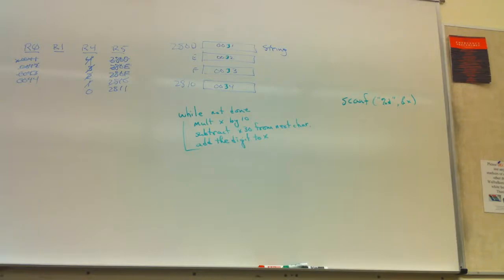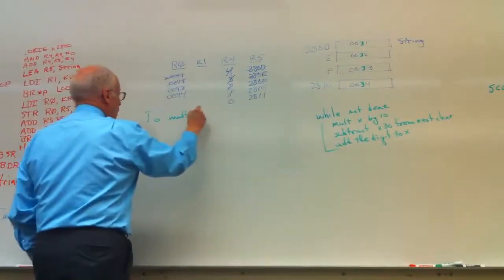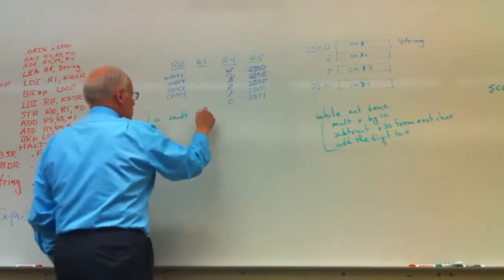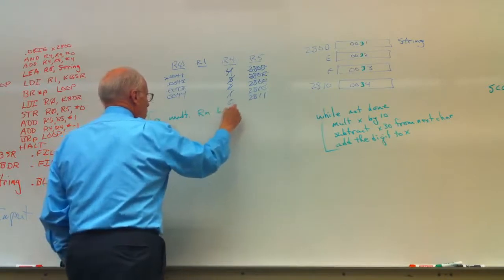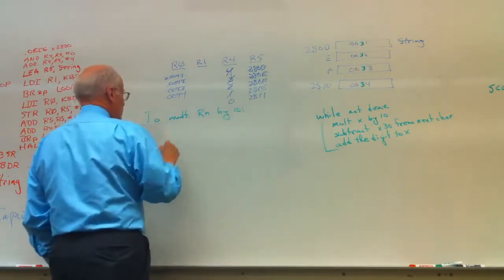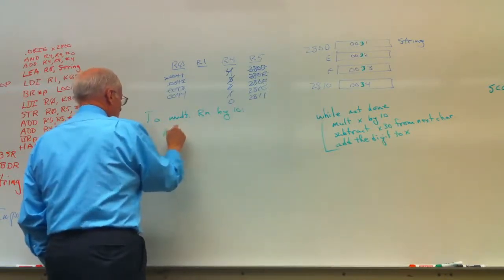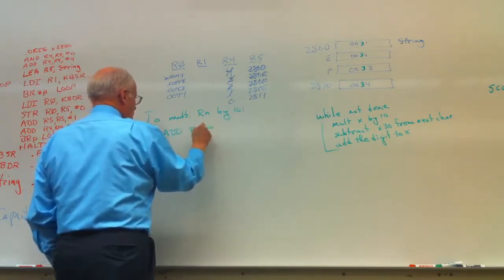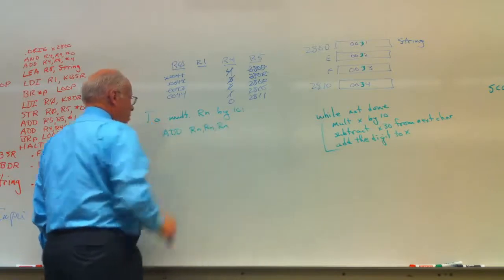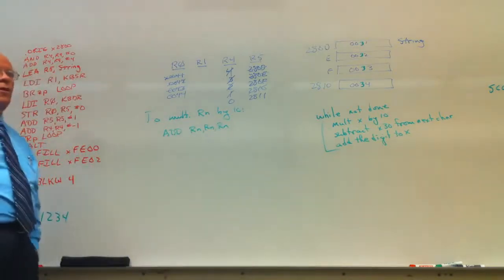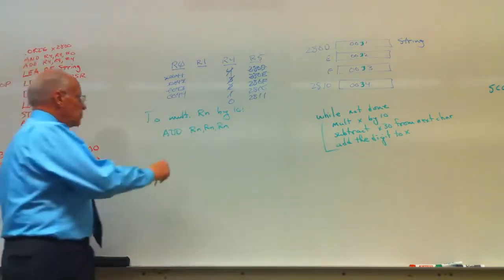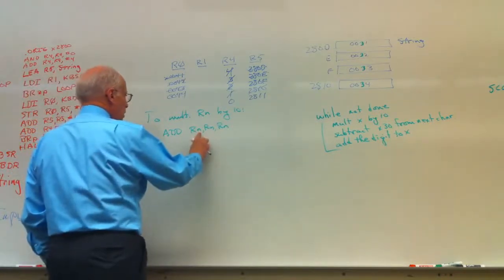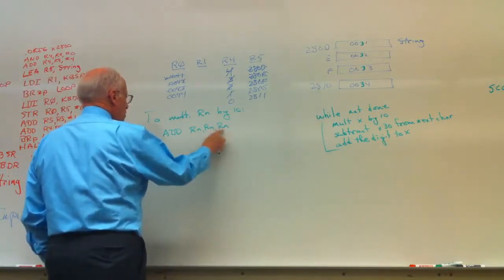Okay. Any questions about that? The way we'll do it, by the way, if you want to multiply register n by 10, you do the following. Add register n to itself. Let's see, we may want to put that, no, we're okay.